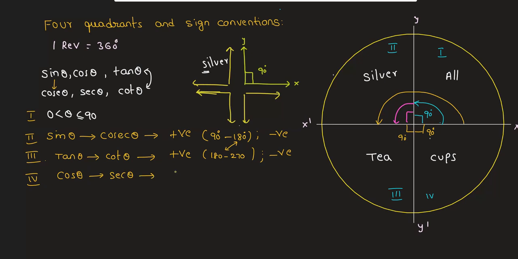These two are going to have positive values if the angle lies between 270 and 360. The remaining ratios, sine or tan, in the fourth quadrant give negative values.